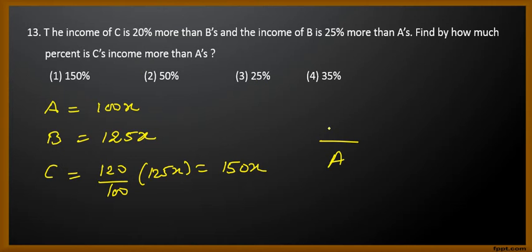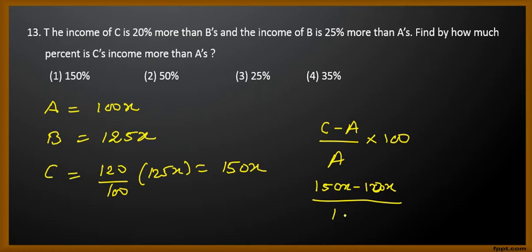More means C is how much more than A. The required value is C minus A into 100. What is the value of C? 150x. What is the value of A? 100x. So 50x by 100x into 100, which equals 50%. So the answer is option 2.